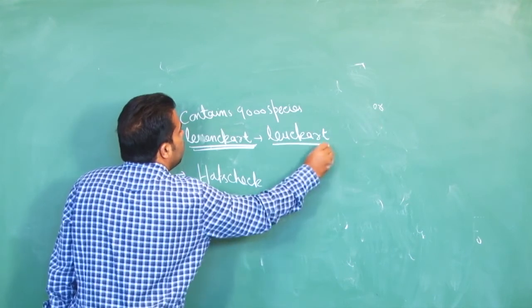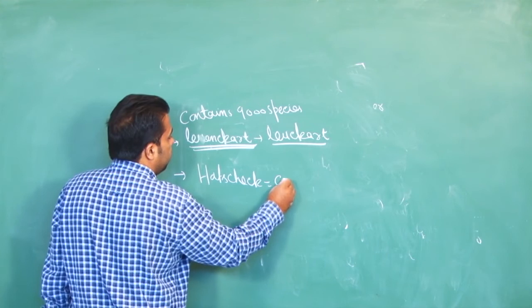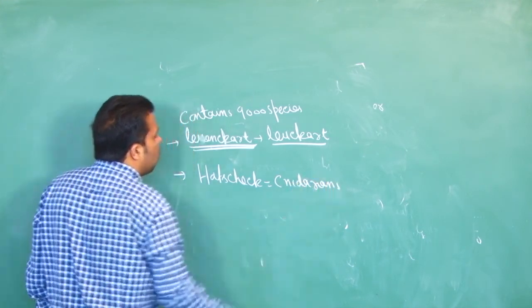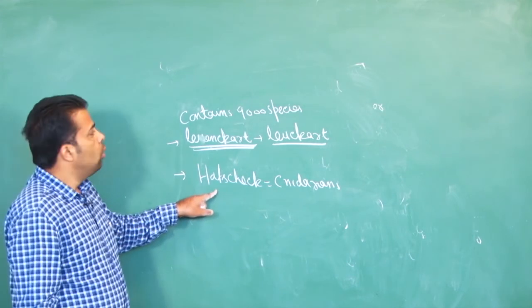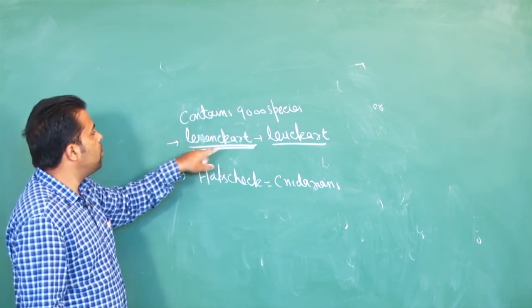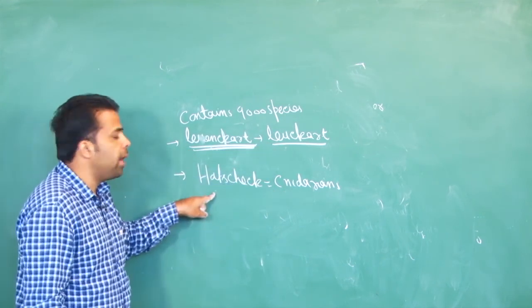And Coelenterata were called cnidarians by Hatschek. So the phylum Coelenterata contains 9,000 species. The term Coelenterata was given by Leuckart, and they were called cnidarians by Hatschek.